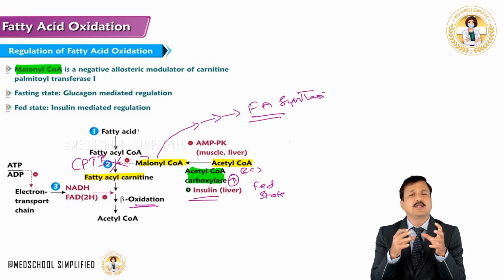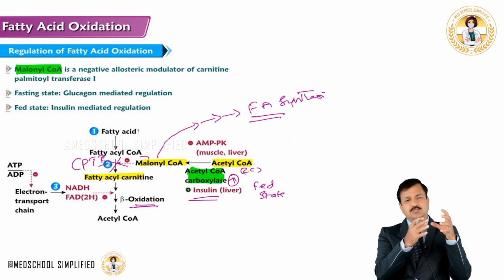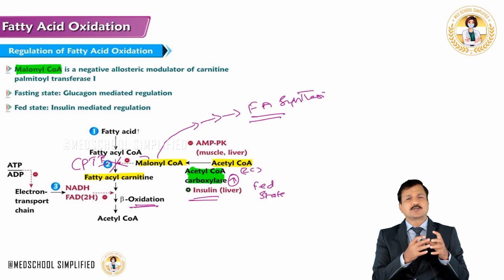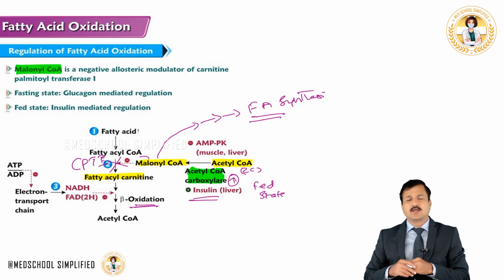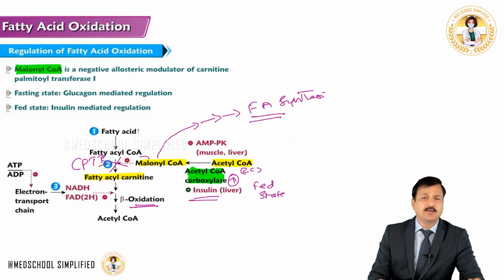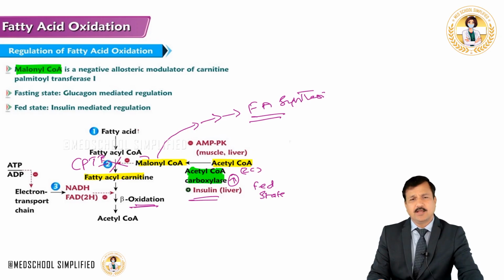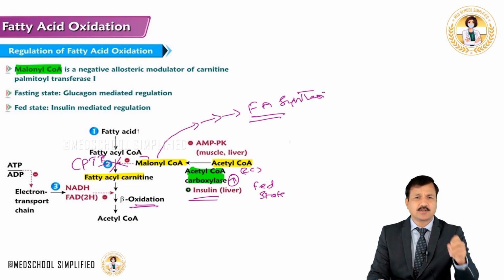That's how it is regulated. Malonyl-CoA controls beta oxidation by not allowing long chain fatty acids to go into the matrix of mitochondria. Okay, that happens under the fed condition. So insulin makes sure malonyl-CoA levels are high, and that malonyl-CoA has a negative effect on CPT1.